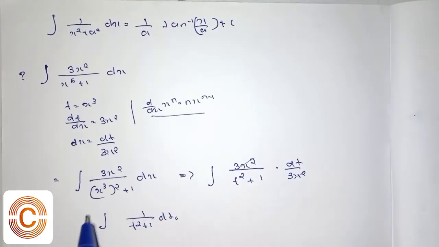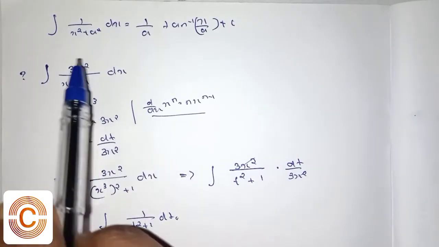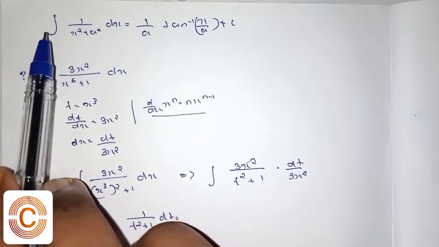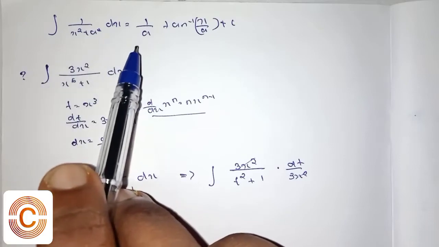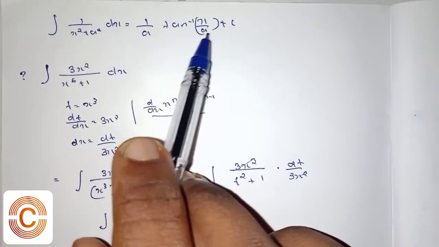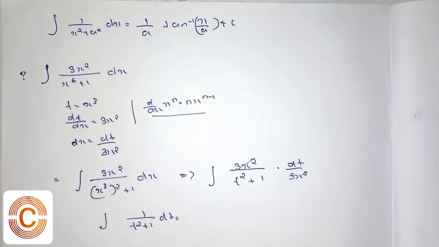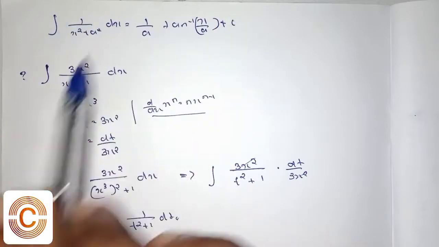Note here that this equation is similar to the derived formula, that is integral of 1 divided by x square plus a square dx, which is equal to 1 divided by a into tan inverse of x by a plus c. So we can use this formula here.